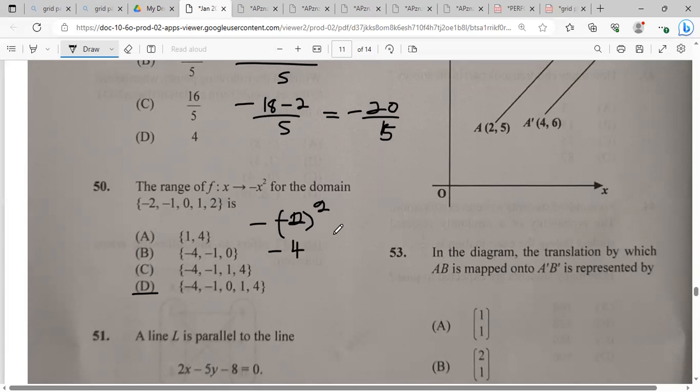And same thing for this, right? Yeah, it's D.